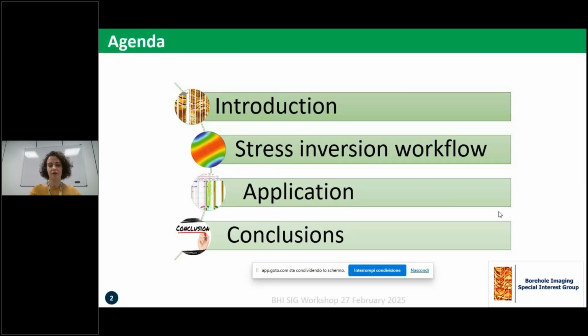This is the agenda for today's presentation. I'll start with a brief introduction regarding the importance of understanding the stress condition, considering the outputs from image logs.